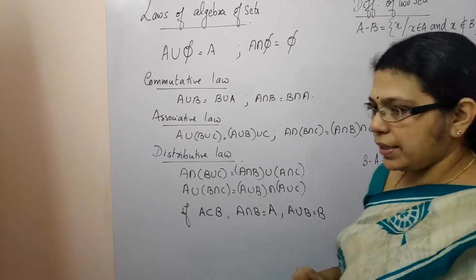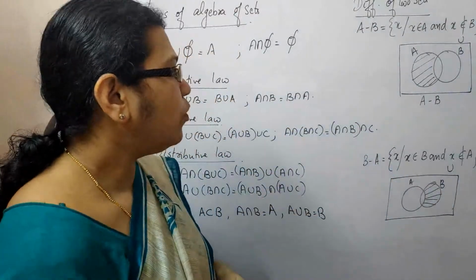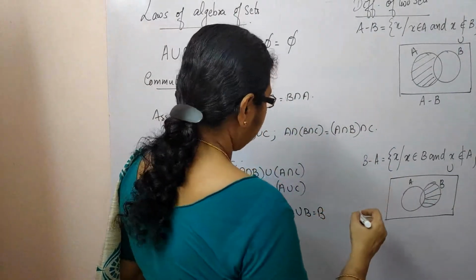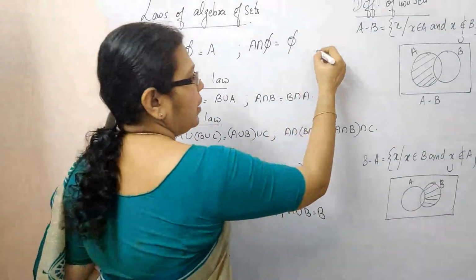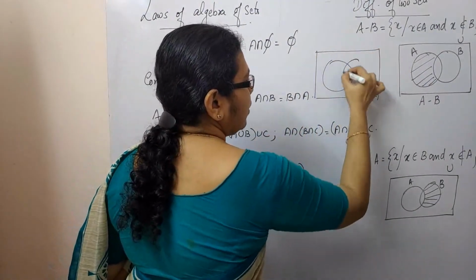Now, if you look at all this, A minus B, B minus A, what is our A intersection B? Do you remember me drawing A intersection B? How will I draw A intersection B?